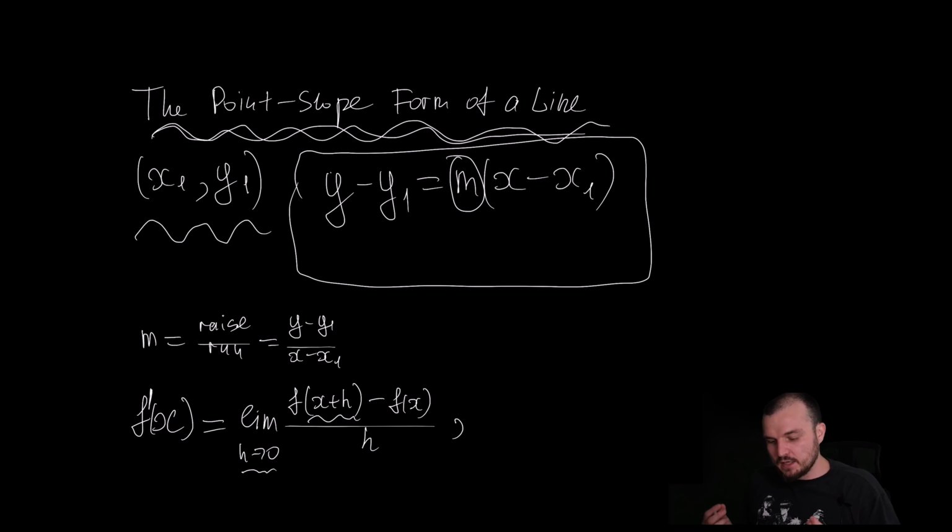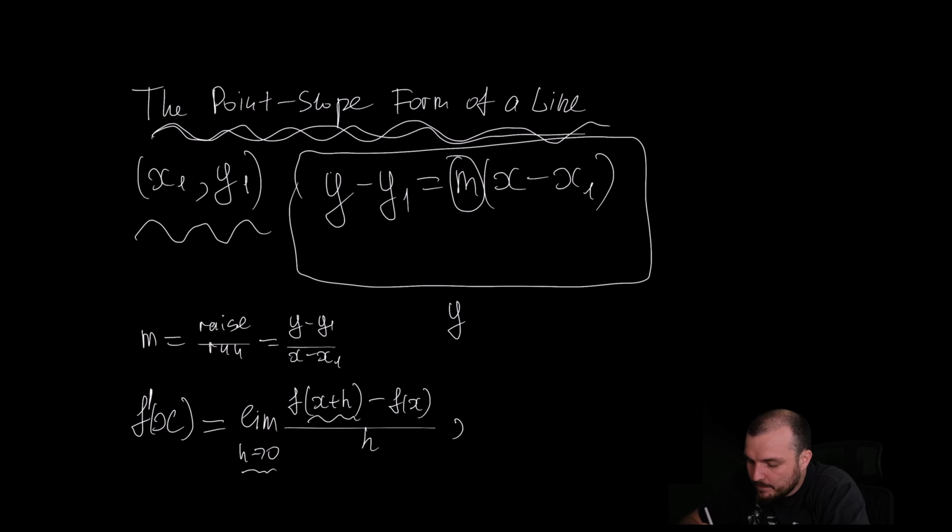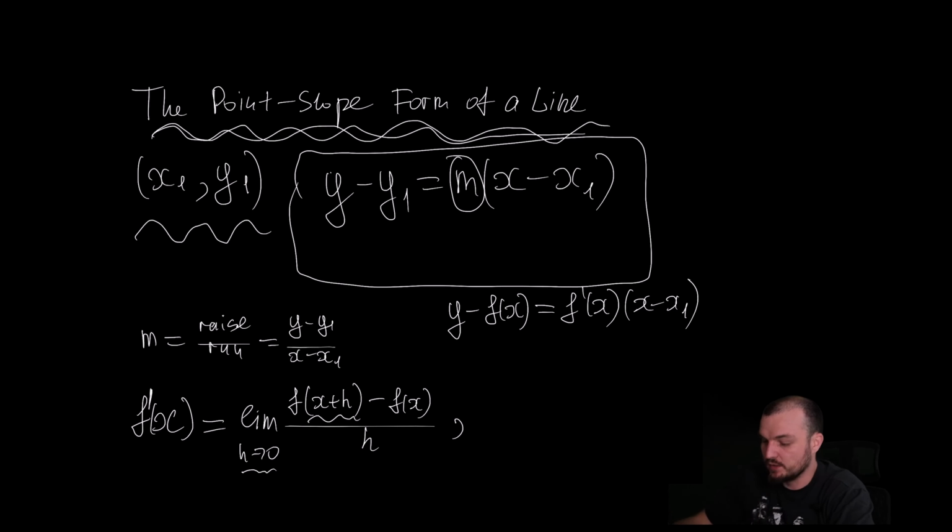So we can replace this basic term with the function and the derivative of the function. We can rewrite it like this: y minus f of x1 equals f prime of x1 times x minus x1.